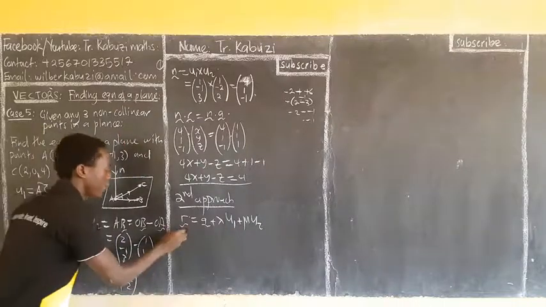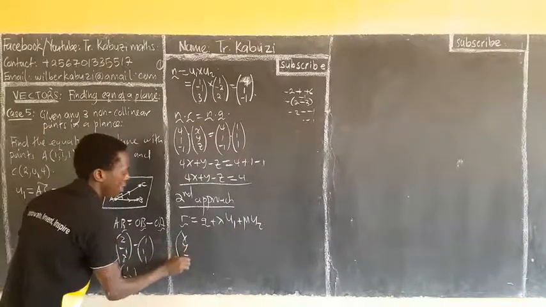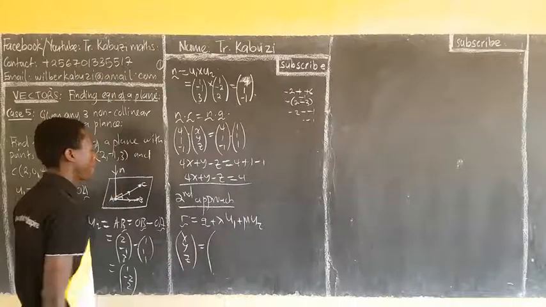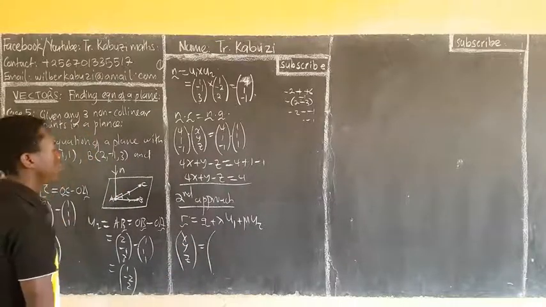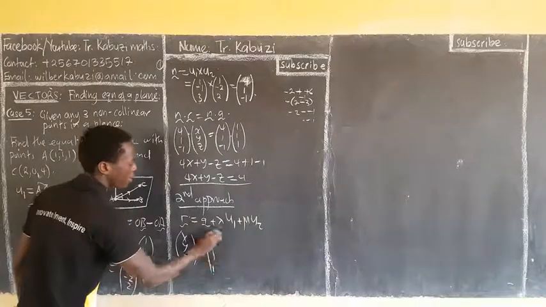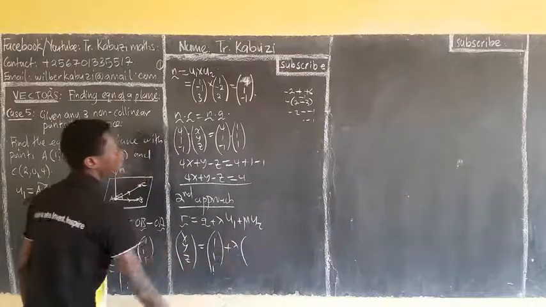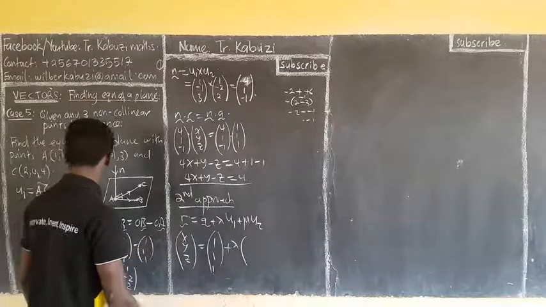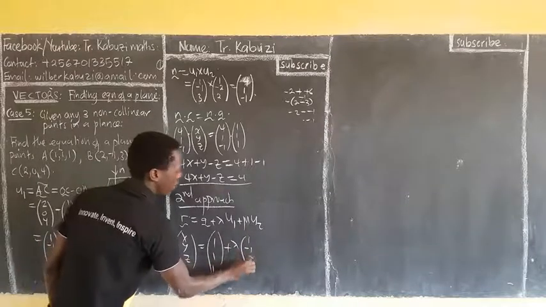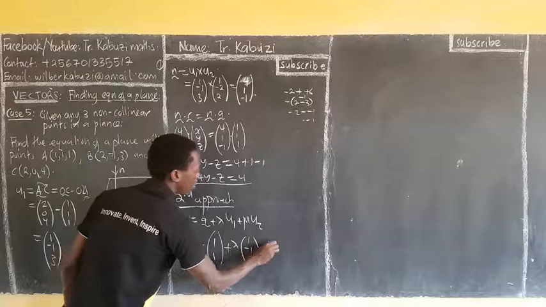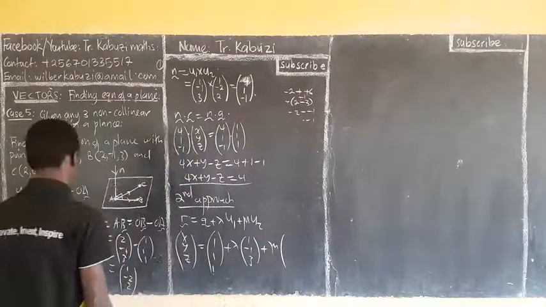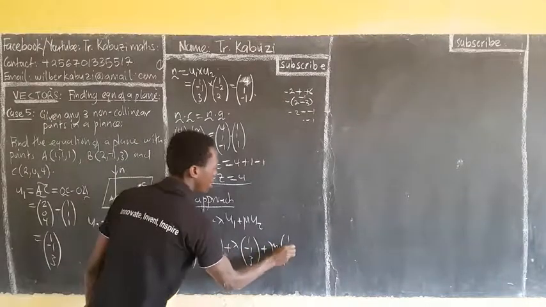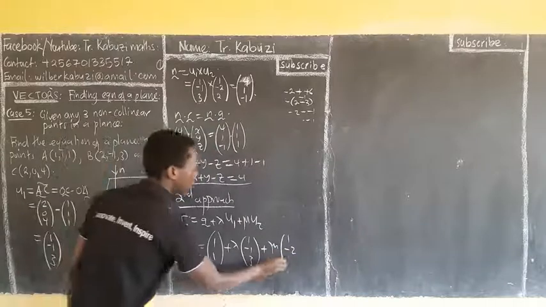So from here, we have x, y, z is equaling to a, my a, a point in the plane, chosen 1, 1, 1. Then plus lambda u1, my u1 is 1, negative 1, 3, plus mu u2, which is 1, negative 2, 2.